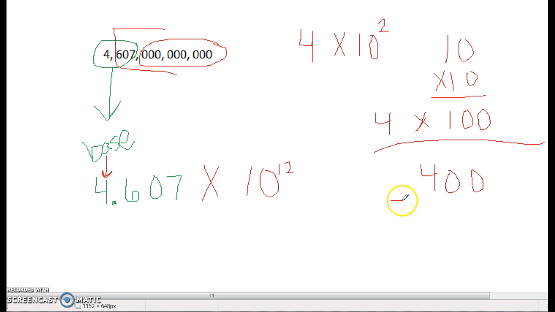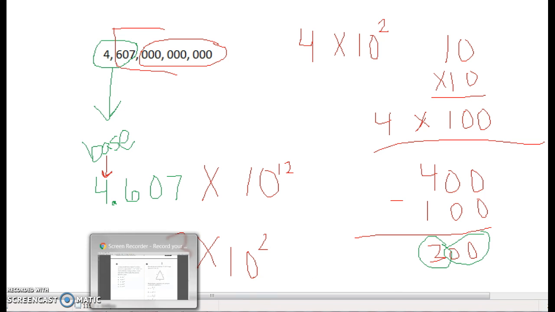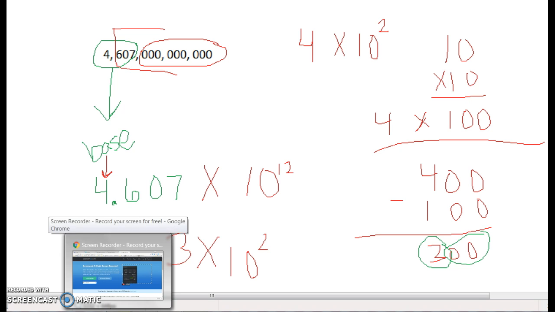If we subtracted 100 from that 400, we would have 300. And if we wrote 300 back in scientific notation format, we would now have 3 times 10 to the 2, because the 3 would be our base number, the zeros are everything else that's not the base number, okay? So keep that in mind, that you can move from standard format to scientific notation format and back and forth. And that's what you're going to have to be able to do to answer the next question.